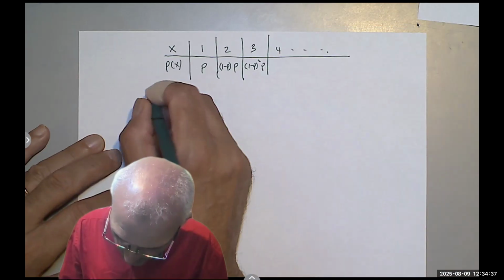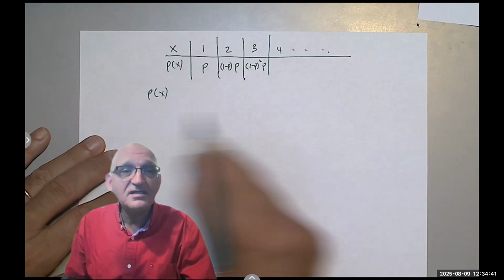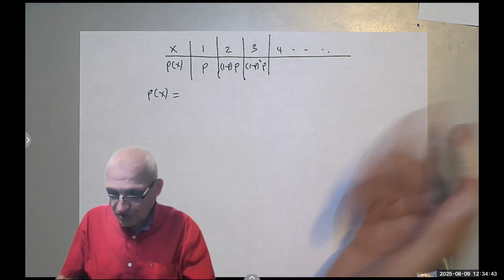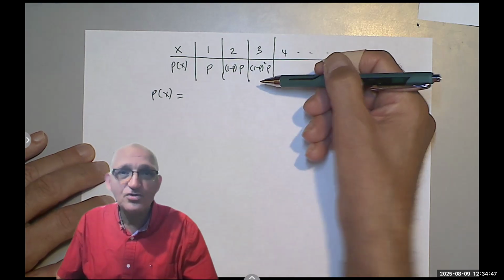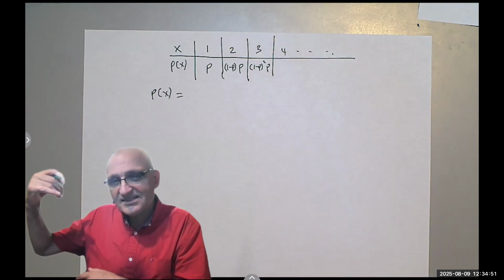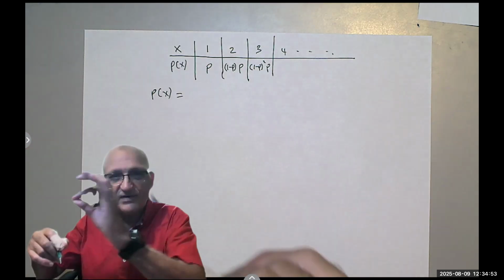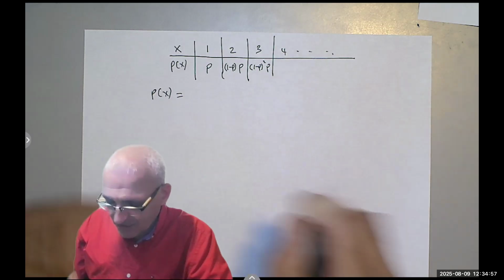So the probability of x can be now written as a function. I don't have to say this times that plus this times that plus to find the mean or the variance. No, I can write a function. It's not like the example we took last time of 2, 5, and 7, and that may be even more values of x.